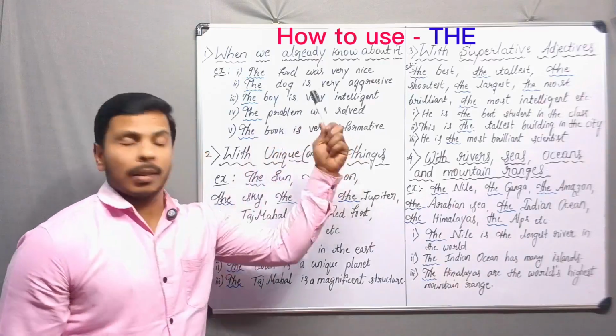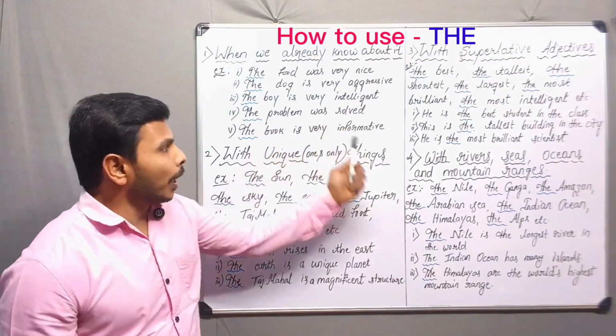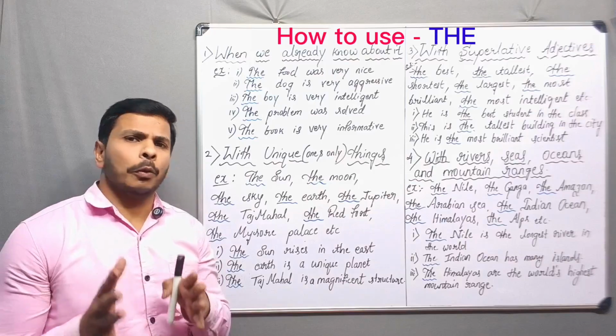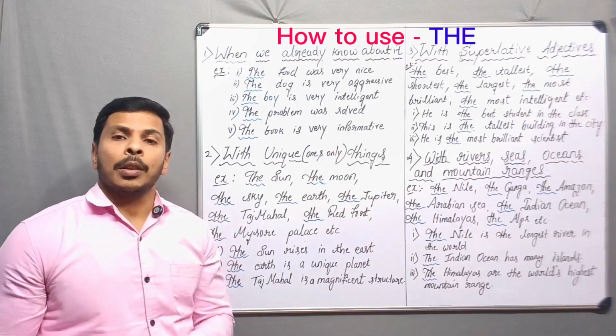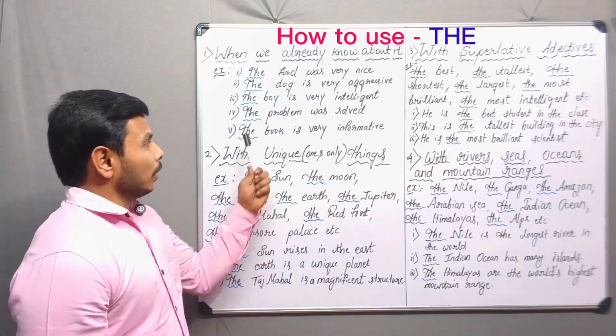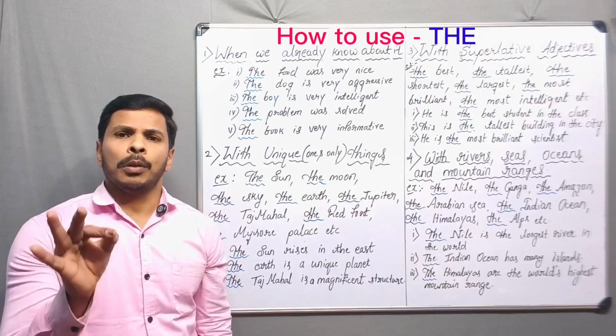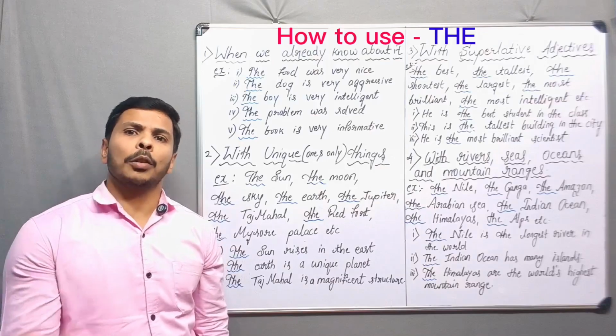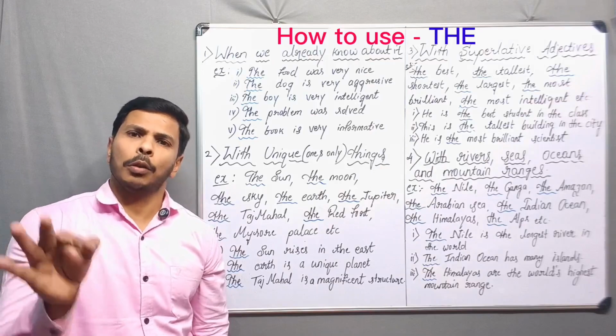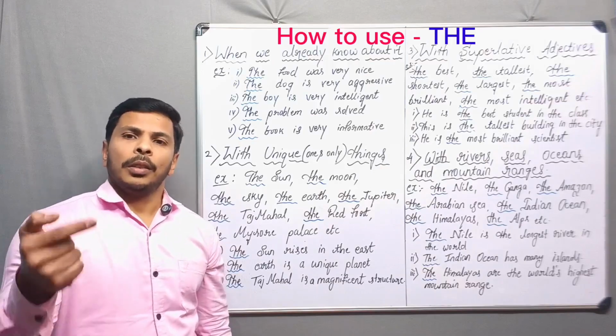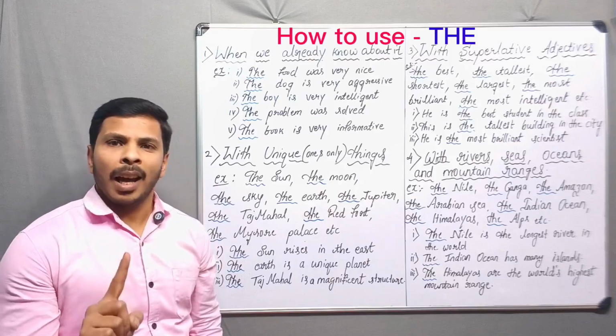And the book is very informative. You just read a book and you found very helpful information in that. So you know about that book. You say the book is very informative. So very simple. When you are talking about something you know very well, you already know, you use "the", not "a" or "an".